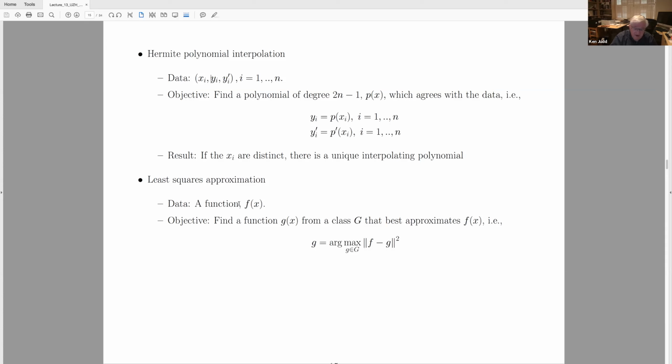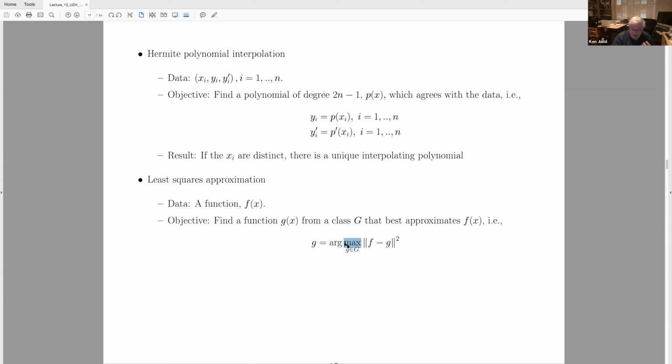Now this is the functional version of regression. Suppose you have a function f of x. The least squares, and then you have some family of functions, capital G. A least squares approximation in capital G is that little g. Boy, that's messed up. That should be min. Sorry.